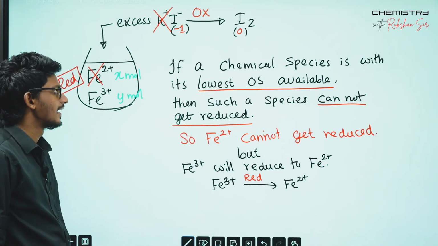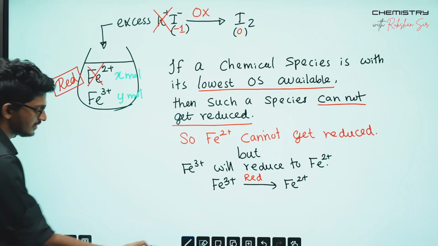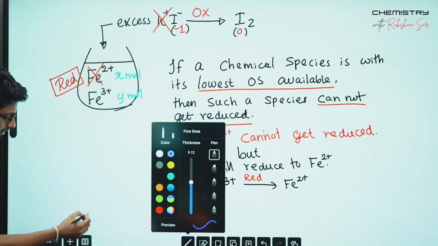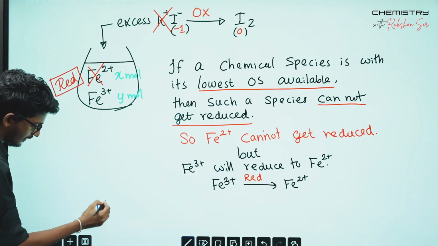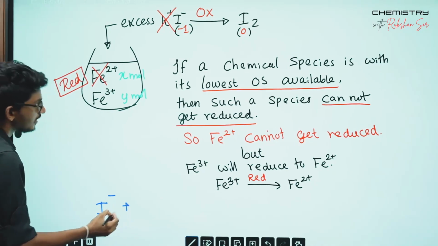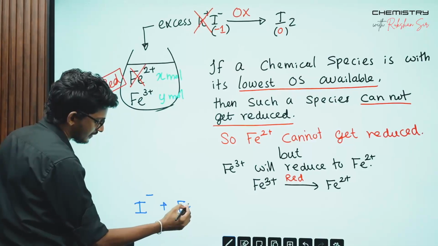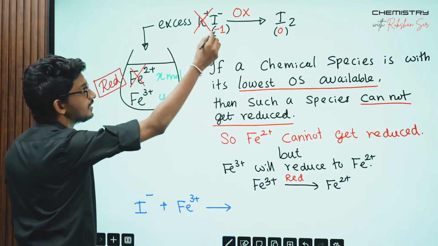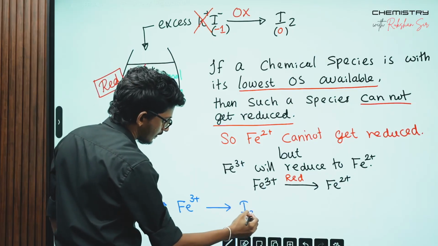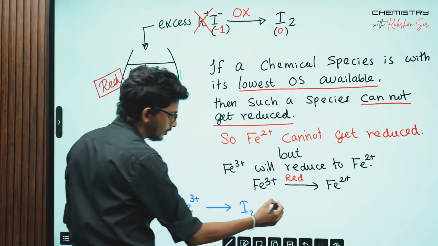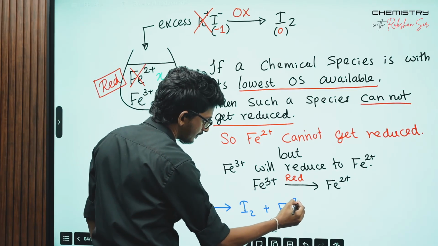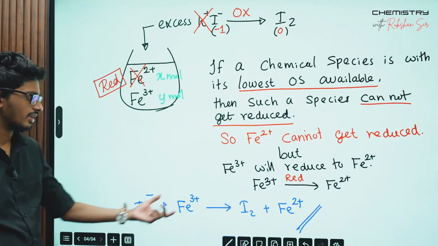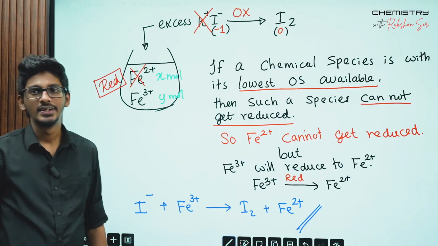So what is the available reaction here? When the I minus reacts with Fe3 plus, I minus gets oxidized to I2 while the Fe3 plus gets reduced to Fe2 plus, right? That is the reaction possible here. So you can balance the reaction with the use of redox techniques.